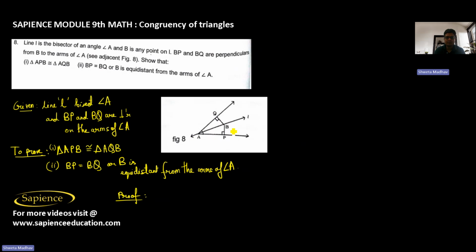First we have to prove that triangle APB is congruent to triangle AQB. So here, as you can see, it is told that line L bisects, so it means that AB is the bisector of angle QAP. That is given.